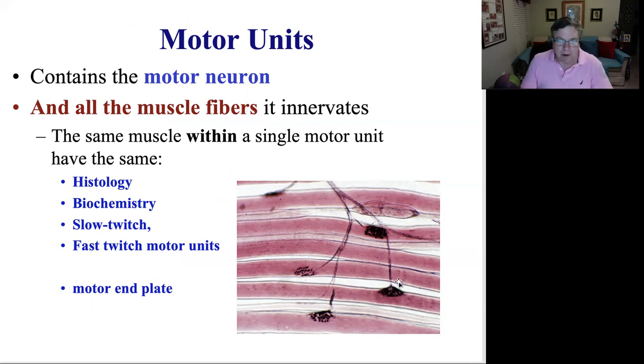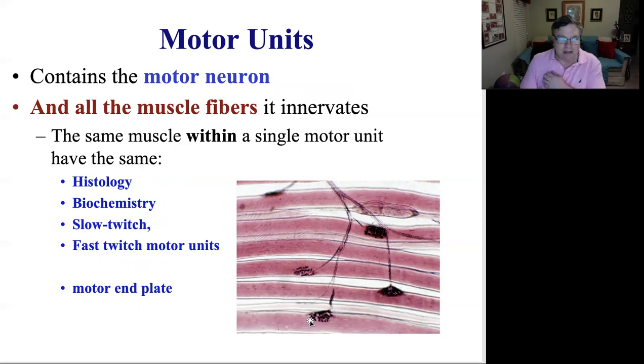There's the motor end plate, which is usually right in the middle of the muscle fiber. So when an action potential comes down, it causes these quanta. They're actually little vacuoles that form. Acetylcholine gets packaged in them, travels down to the synaptic cleft, goes across the synaptic cleft, binds to acetylcholine receptors on the muscle fiber, and that causes sodium to rush in.